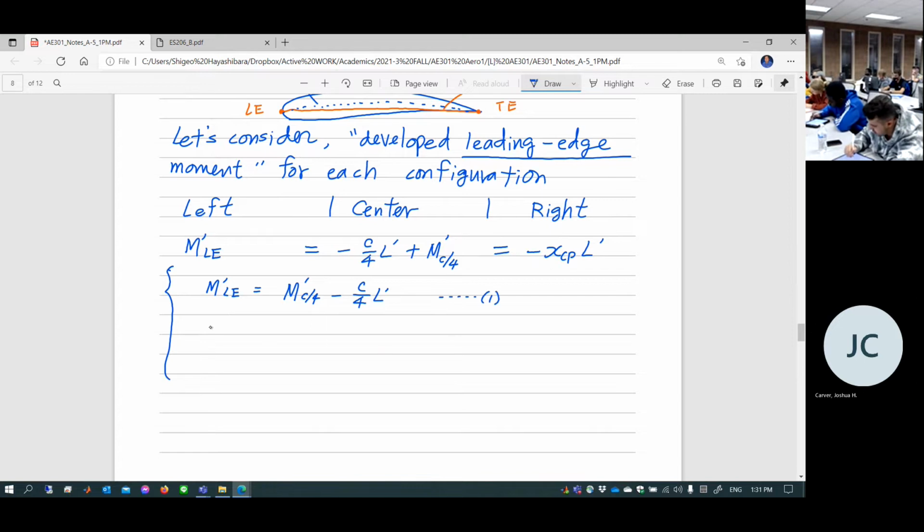Equation 2: M prime quarter chord minus quarter chord times L prime is equal to negative XCP times L prime. This is equation 2. Equation 3 is M prime LE is equal to minus XCP L prime. This is equation 3. So three equations come up. Okay?